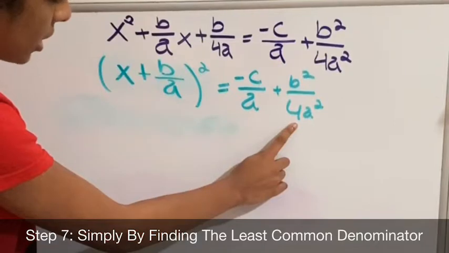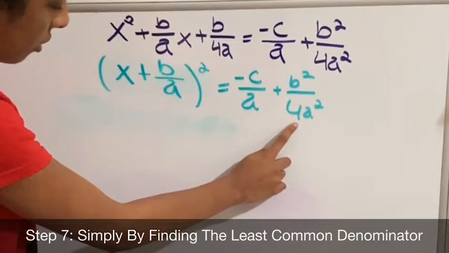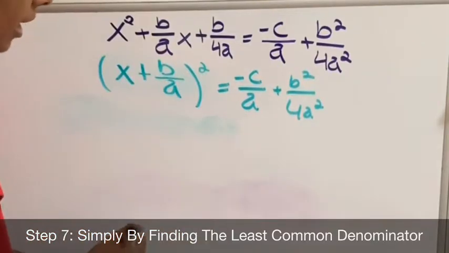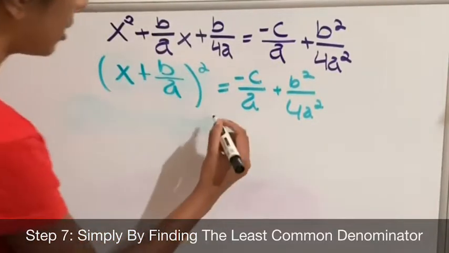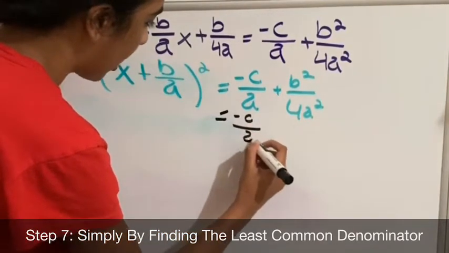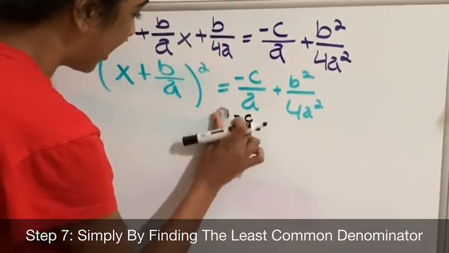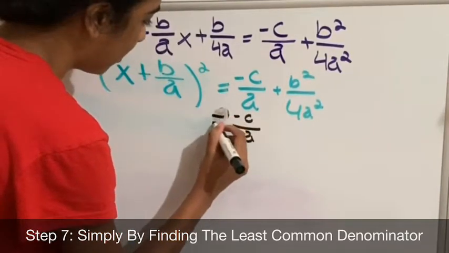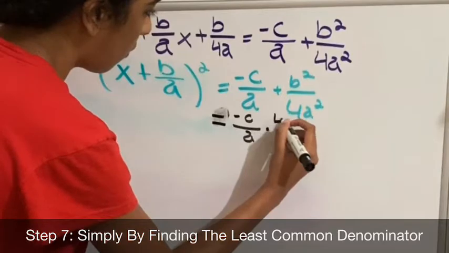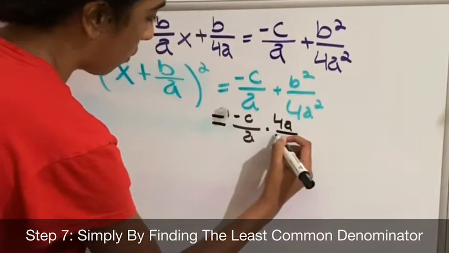This fraction right here has the least common denominator of 4, so we just need to focus on negative c over a. So we can write this as negative c over a, let me just rewrite that, equals negative c over a times 4a over 4a.